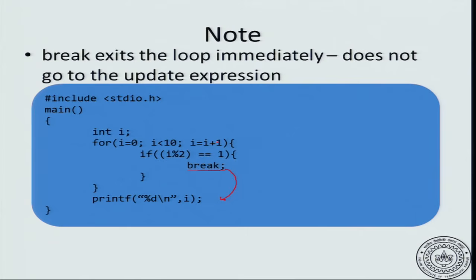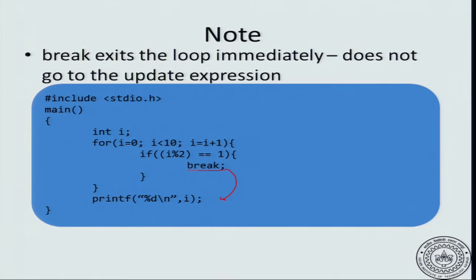So, let us examine what this code will do. You have I equal to 0, I less than 10, increment I. Okay. So, you start with I equal to 0, I modulo 2 will be 0 modulo 2, which is 0. So, it will say okay, fine, you need not get into the if condition. Then I equal to I plus 1, so I equal to 1, 1 is less than 10, you enter the for loop, 1 modulo 2 is 1, so you will break.